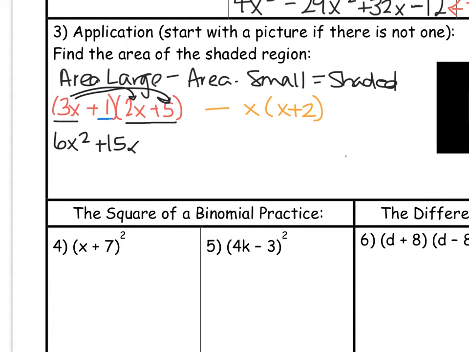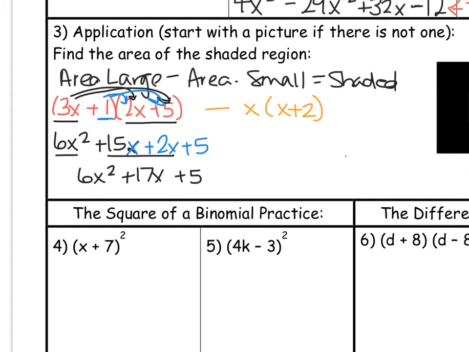I need to multiply 1 times everything that's in here. That should be an x. 1 times 2x is 2x, and 1 times 5 is 5. And if we simplify this, we end up getting 6x squared, 15x and 2x is 17x, and then we bring the plus 5.